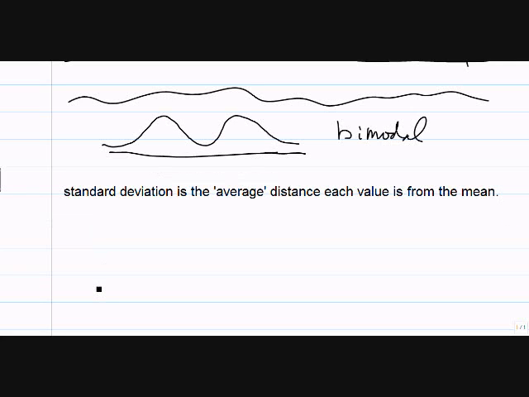Well, it's the average distance the values are from the mean. It's a strangely calculated average.